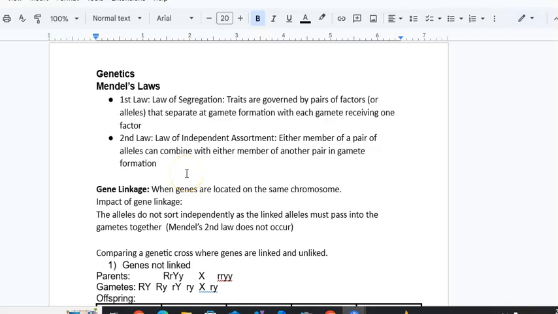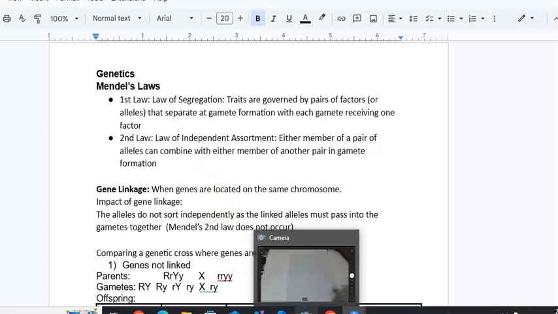So what I want to do is look at a genetic cross where two traits are involved, sometimes called a dihybrid cross. We're going to look at some of the examples that Mendel would have looked at.